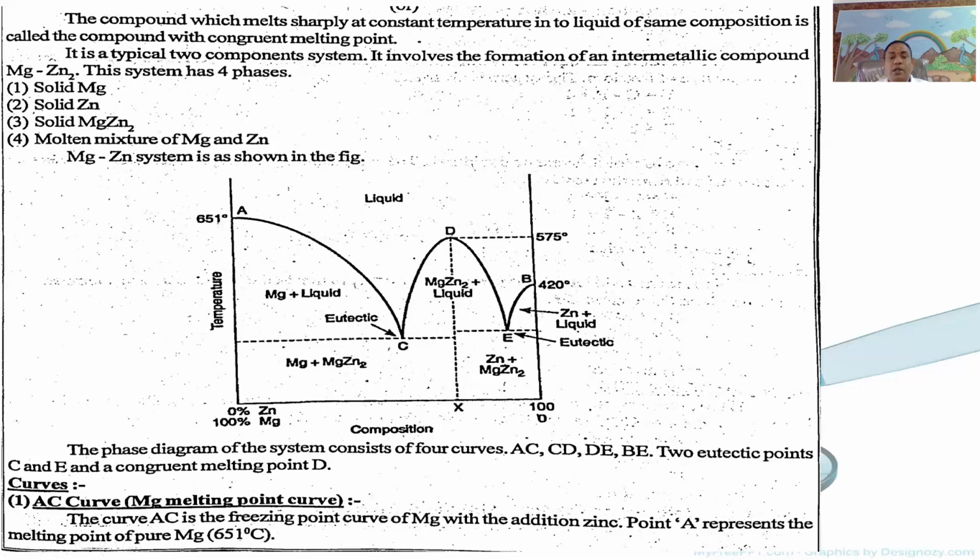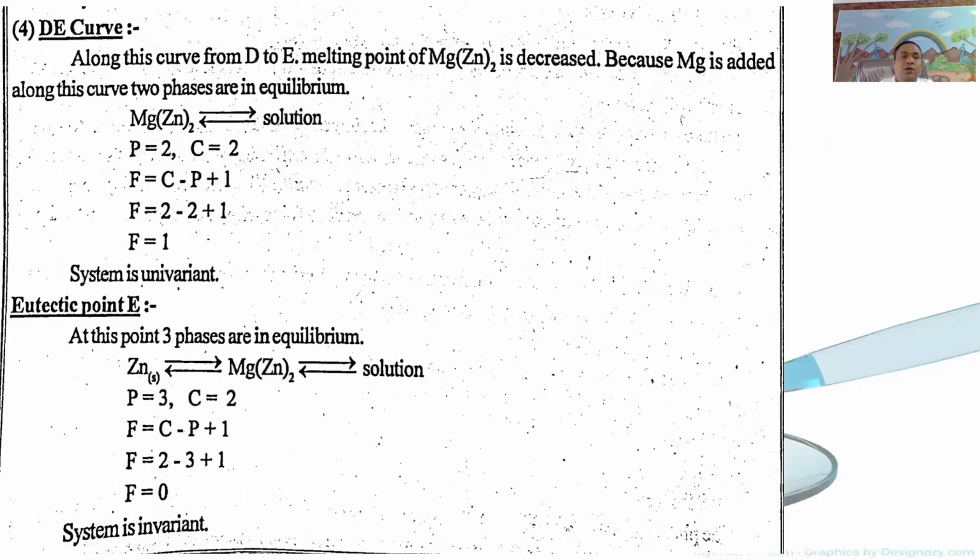Point A represents the melting point of magnesium, that is 651 degrees centigrade.